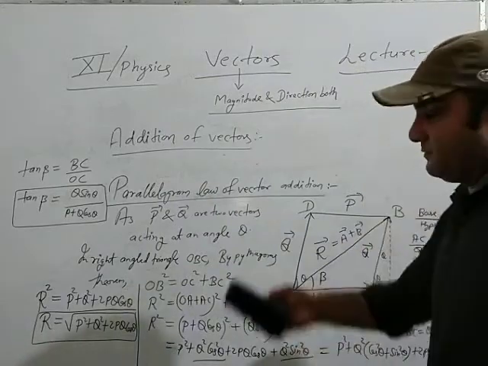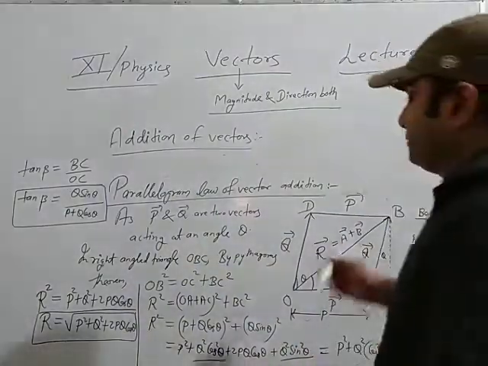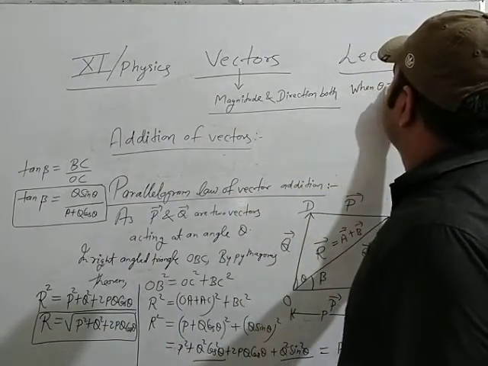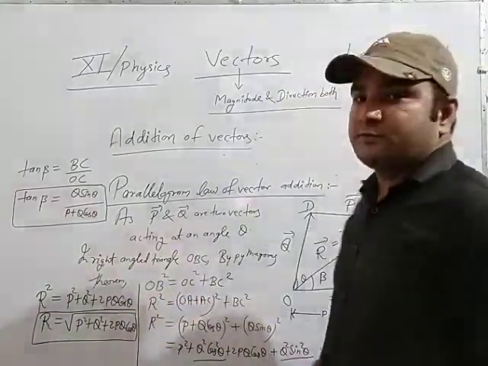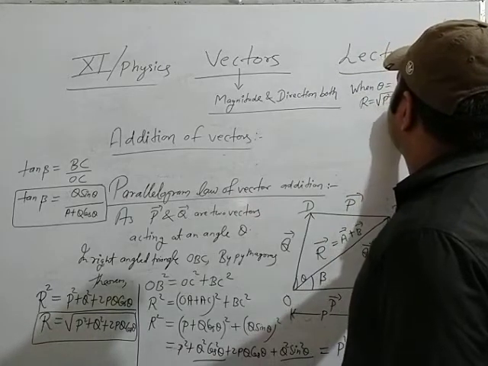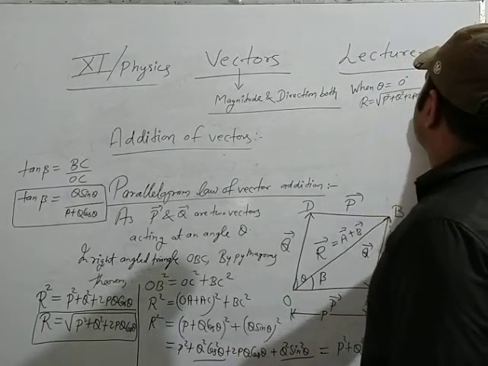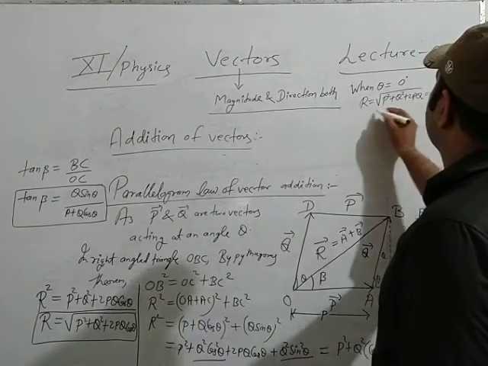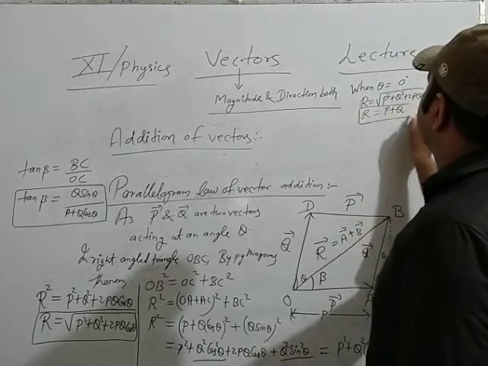In special cases, first, when theta is equal to 0 degree, then cos 0 is 1, then P square plus Q square plus 2PQ is equal to (P plus Q) whole square, so R is equal to P plus Q. Clear?